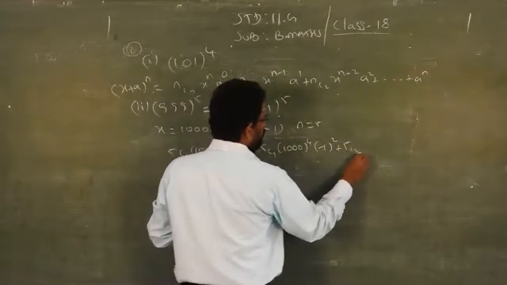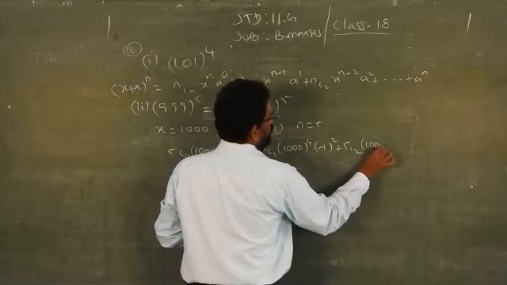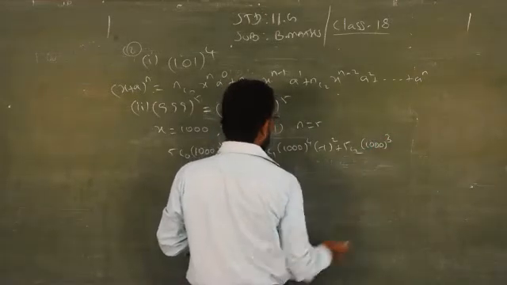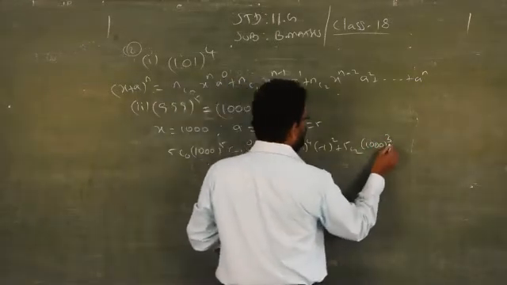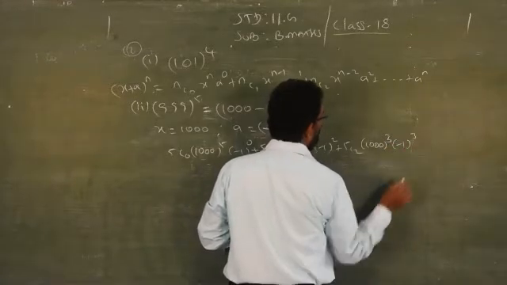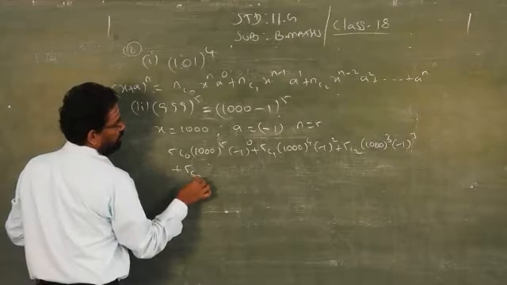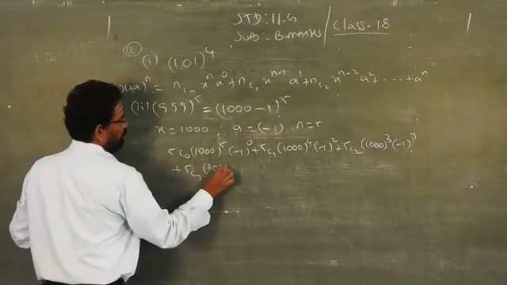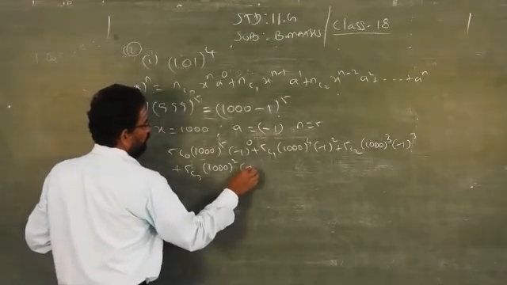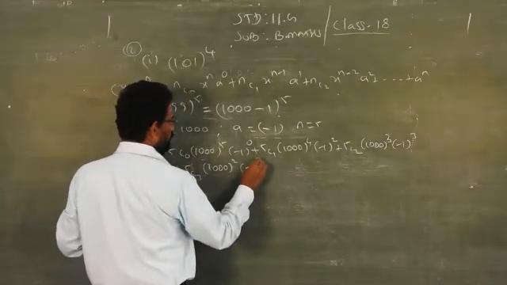Plus 5C2 1000 power 3, minus 1 power 2, plus 5C3 1000 power 2, minus 1 power 3.